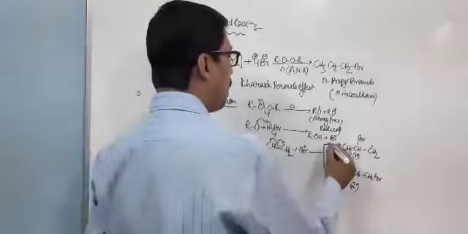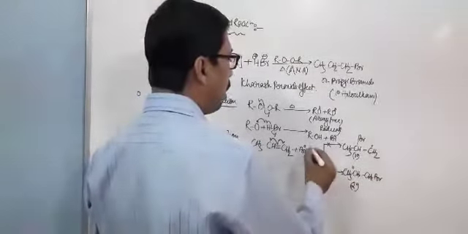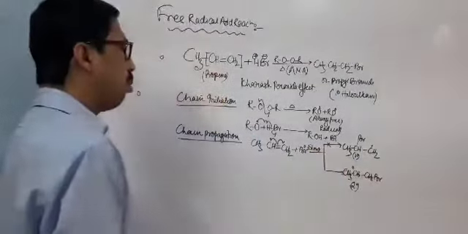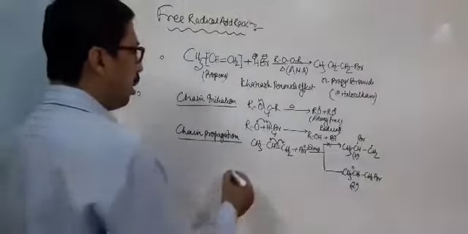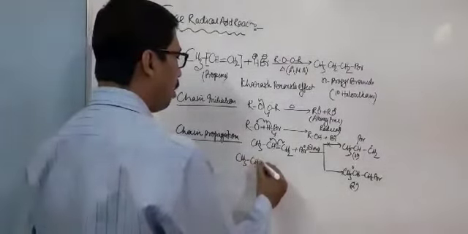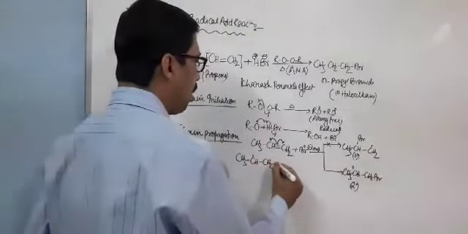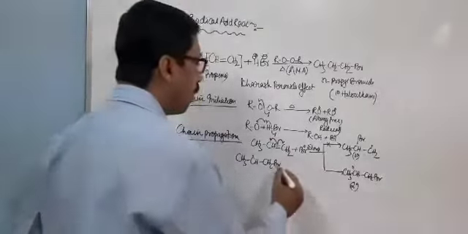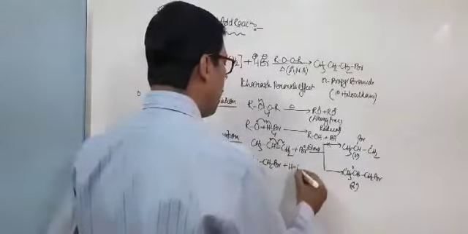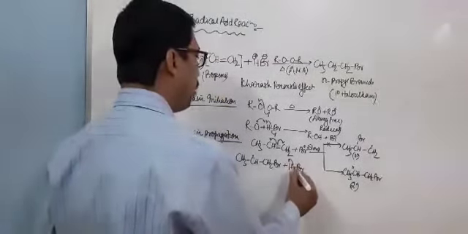Always the higher degree free radical is more stable, so we have to choose this one, and this step is considered the slow step. And then in the next step, the CH3 CH free radical CH2Br further interacts with HBr. Then what will happen?